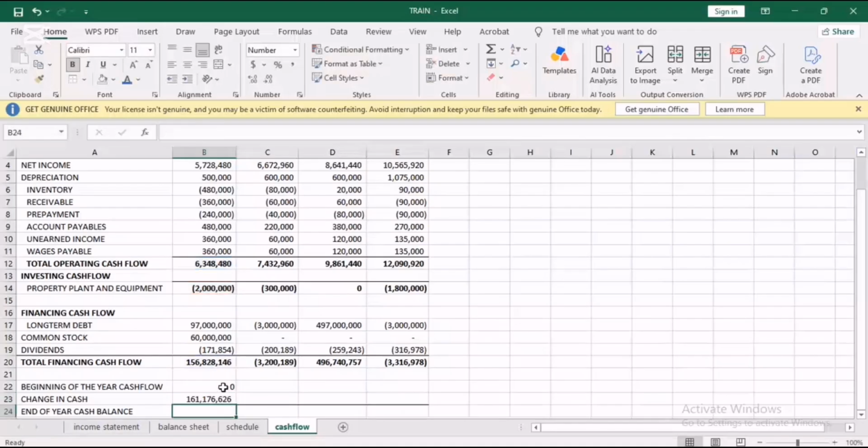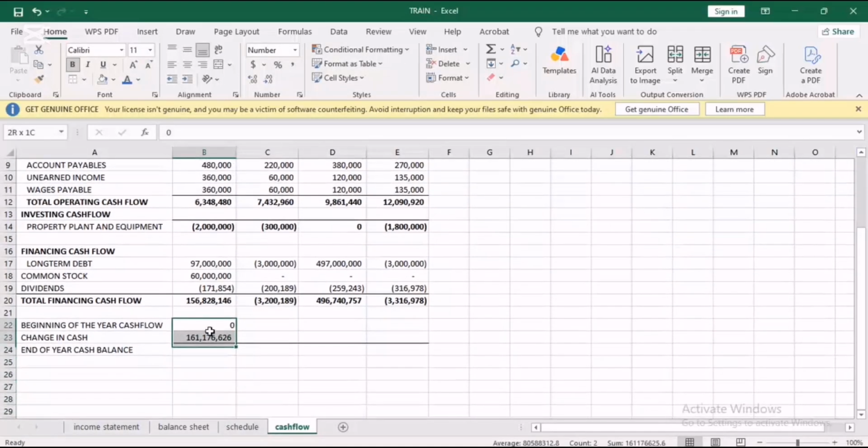So that's that. So adding up here to get the ending cash balance for the year, I put summation.